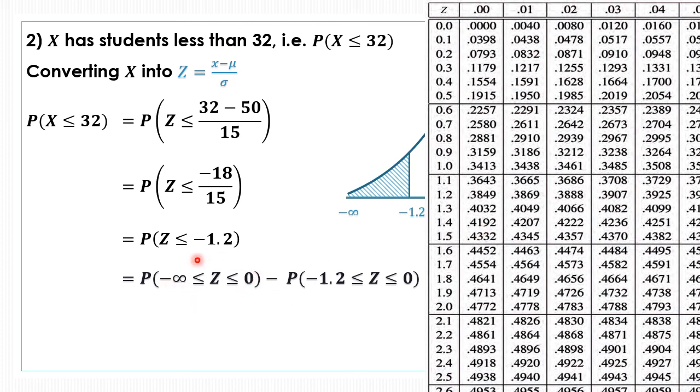Now naturally negative infinity has 0.5 probability, the half, and negative 1.2 means 1.2 only, and 1.2 in the column of 0 is 3849. So 0.5 minus 0.3849, same answer 0.1151.